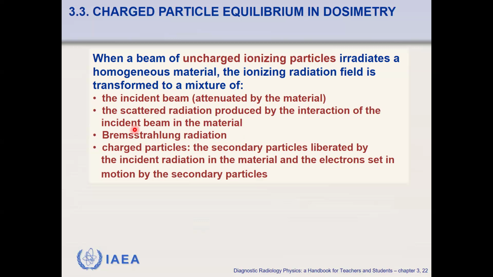This is the incident beam. The incident beam is attenuated by the material, is reduced by the material. So it is attenuated, it is reduced as it interacts with the material.